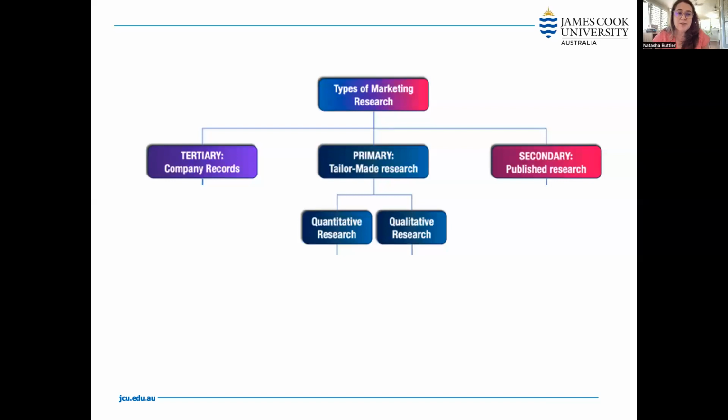Then we have primary research, and primary research is tailor-made. So this is research that is not already known, and it's specific to our needs and our purposes. Now, primary research is either quantitative or qualitative in nature.